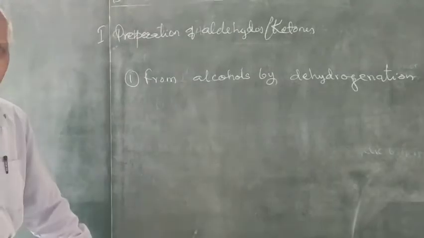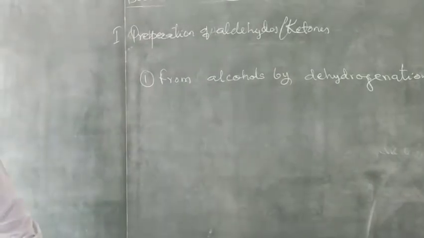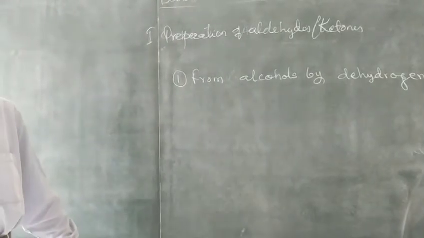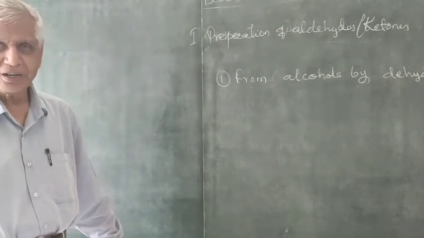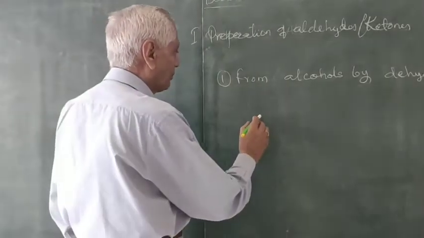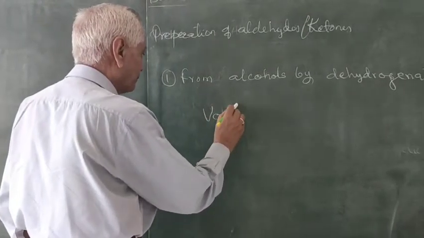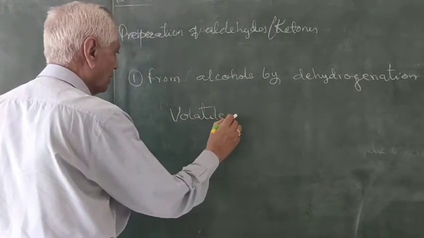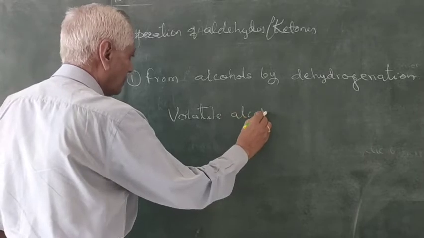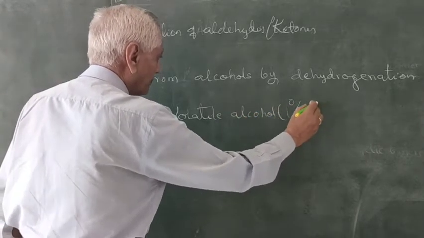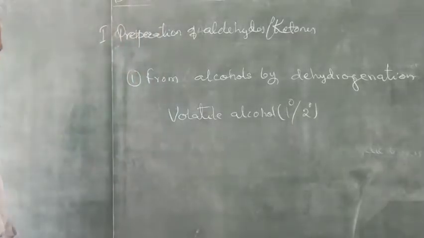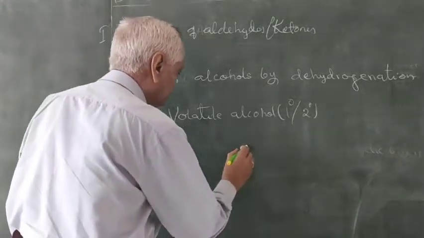This method is applicable for alcohols which are volatile in nature. Immediately they should be converted to vapors. So this is possible for the volatile alcohols, either primary or secondary. Say for example, ethyl alcohol.